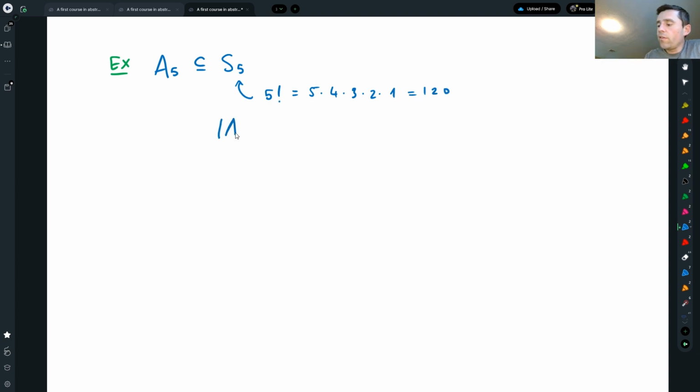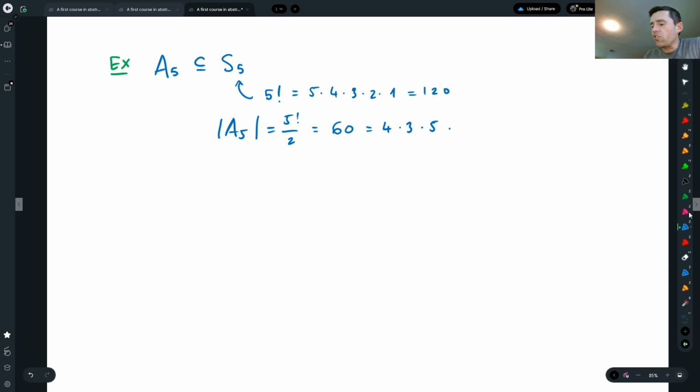So the size of A5 is 5 factorial divided by 2, which is 60, which is 4 times 3 times 5. So the first Sylow theorem tells me that there is going to be a subgroup of order 2, a subgroup of order 4, a subgroup of order 3, and a subgroup of order 5. It doesn't tell me yet how many. That will be the topic of the second and third Sylow theorems, but let's see such examples.